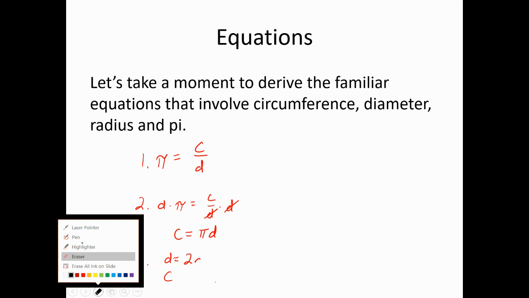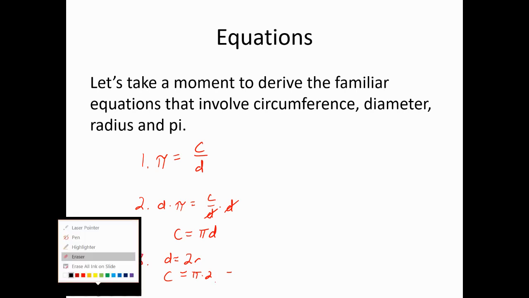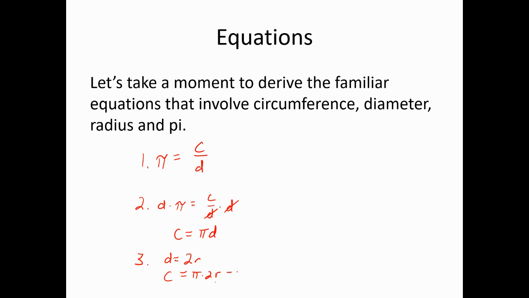C is pi times 2r, which typically gets rewritten, right, as 2 pi r. So again, not a deep discovery. All of these are just ways to express the definition of pi, together with that assumption, of course, that the value of pi is the same for all circles. That's all those ever were.